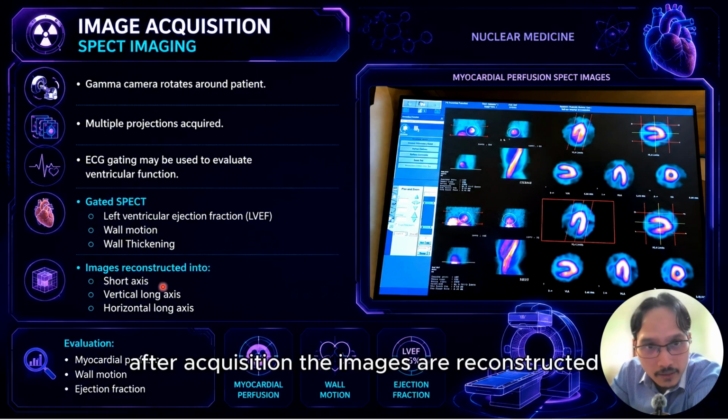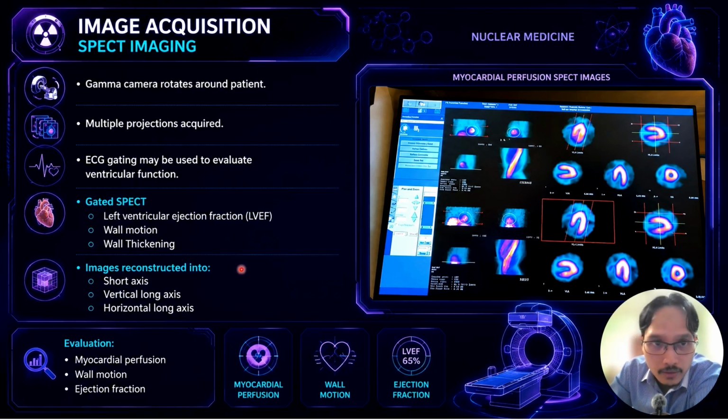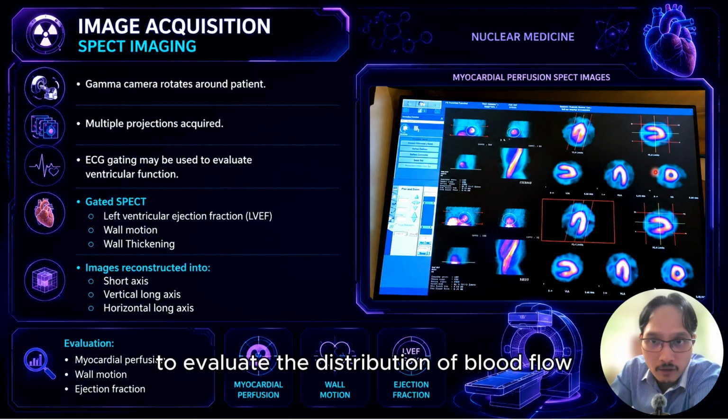After acquisition, the images are reconstructed into three standard cardiac planes: short axis view, vertical long axis view, and horizontal long axis view. These reconstructed images allow physicians to evaluate the distribution of blood flow within the myocardium and identify areas of reduced perfusion.